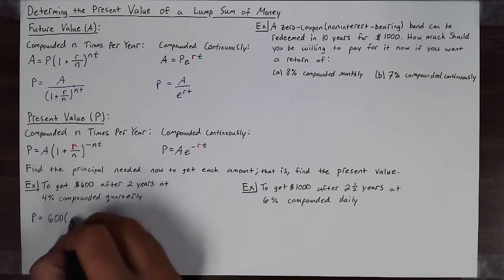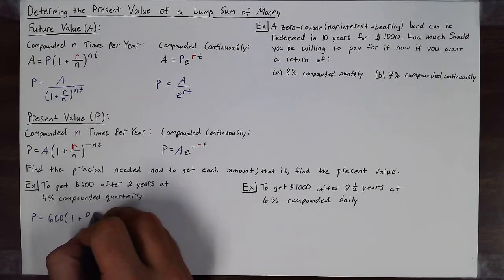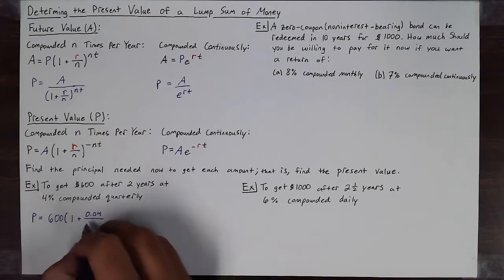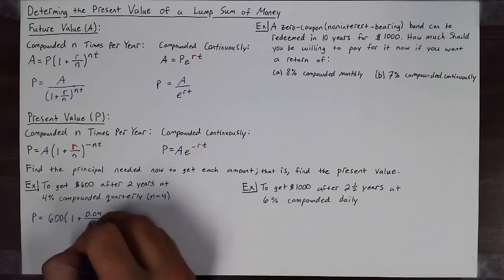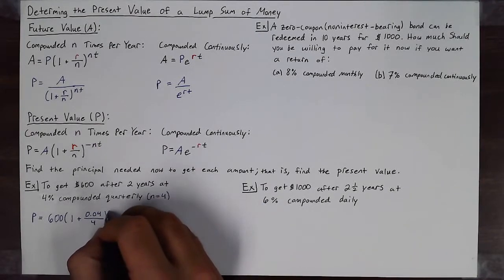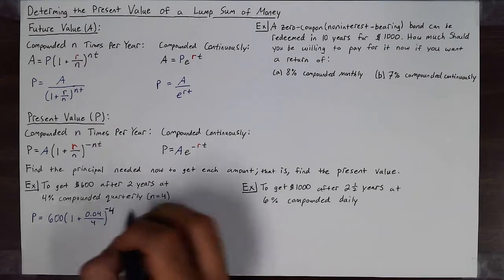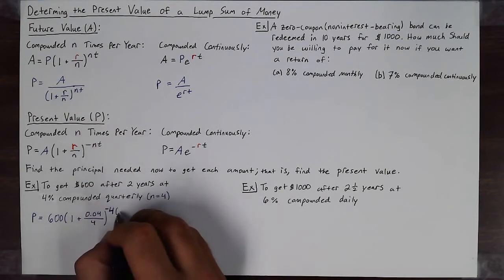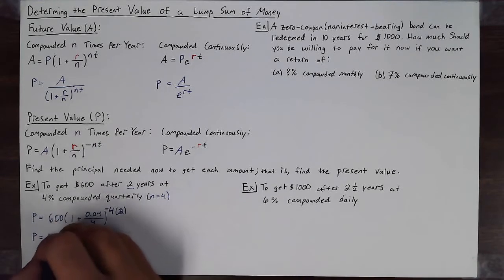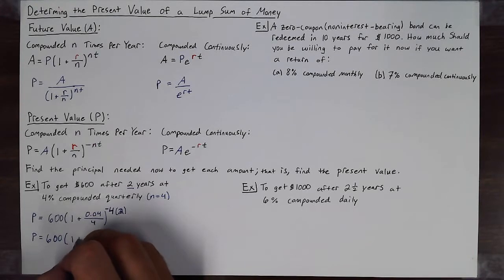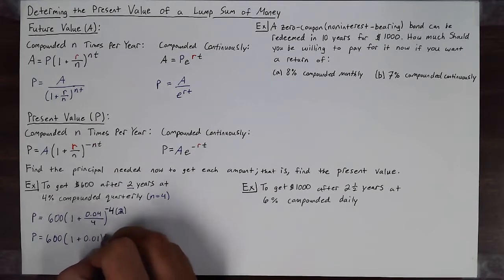And I'll multiply that by 1 plus the rate, 0.04, over the number of compoundings, which since I'm doing it quarterly, is 4, all raised to the negative 4 times time power. And time here is 2 years, so t will be 2. So the present value will be equal to 600 times 1 plus 0.01 to the negative 8 power.